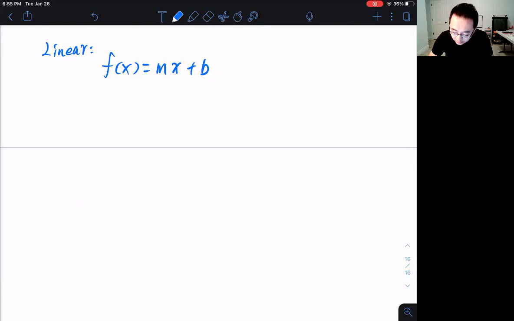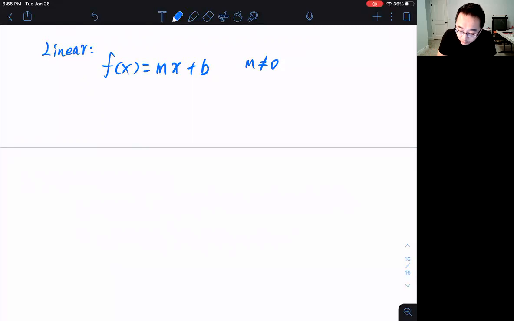In that case you would still have this form, but m can be 0. When m is 0, you have a linear function that just equals a constant. But if m is not 0, that is what's called a first degree function, where you actually have a function that's not just a constant.